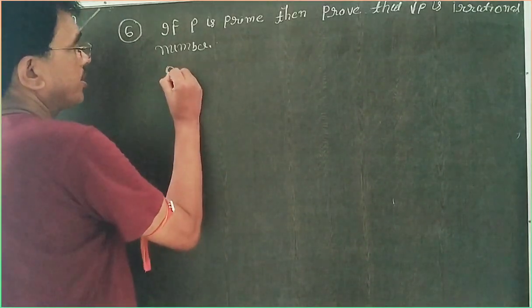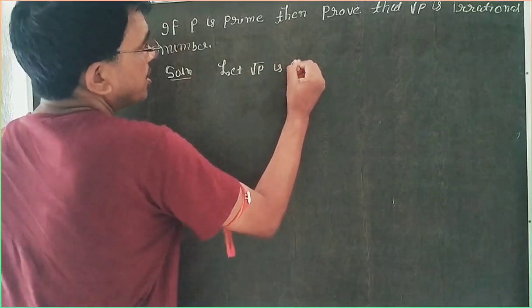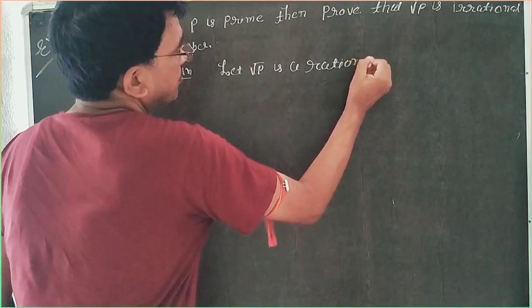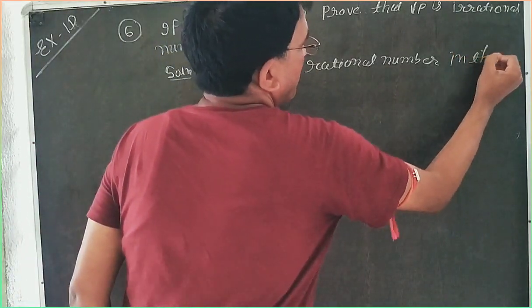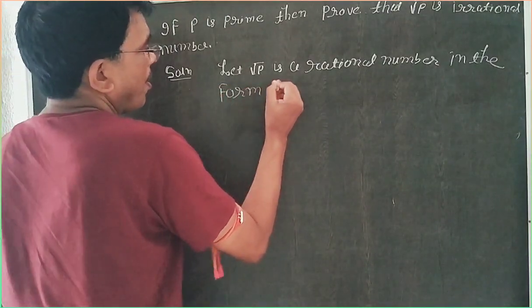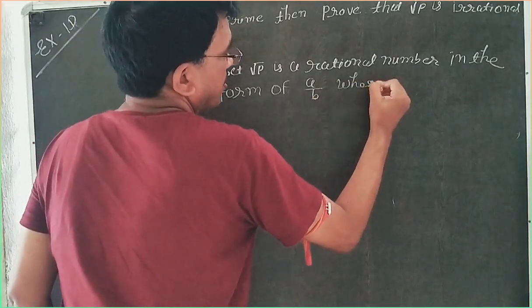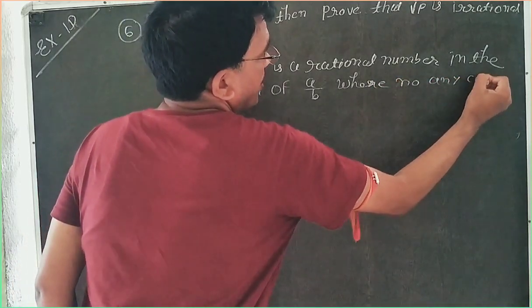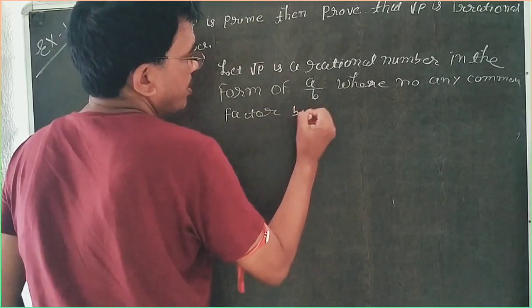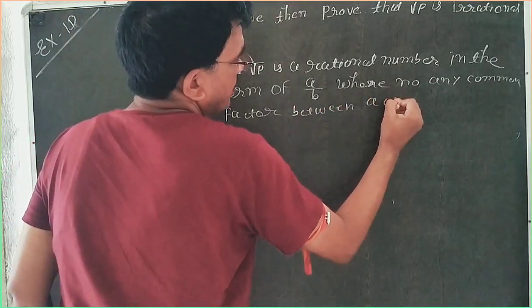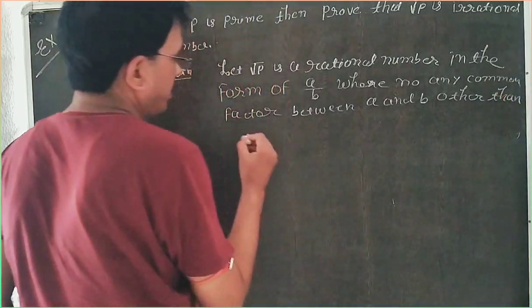So we write in the solution: let root P be a rational number in the form of a by b, where there is no common factor between a and b other than 1.